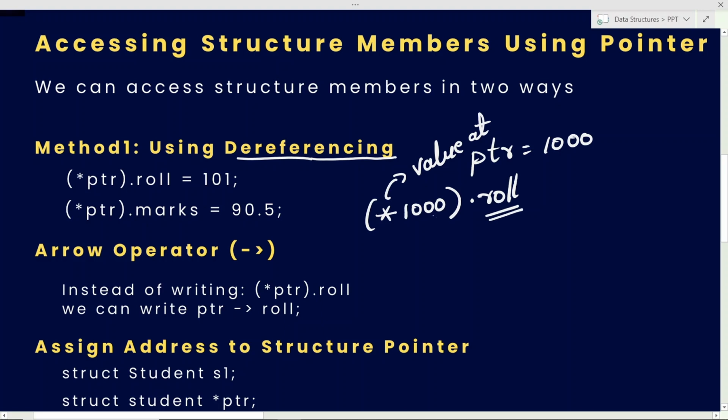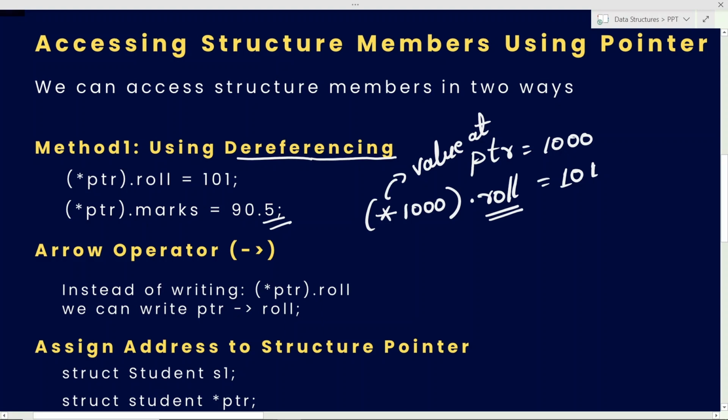We are simply saying go to this 1000 address and update the roll of 1000 with 101. Again, star ptr dot marks, dereferencing. We'll dereference here and access the marks at the 1000 address, and we will give the values. This is the first method.